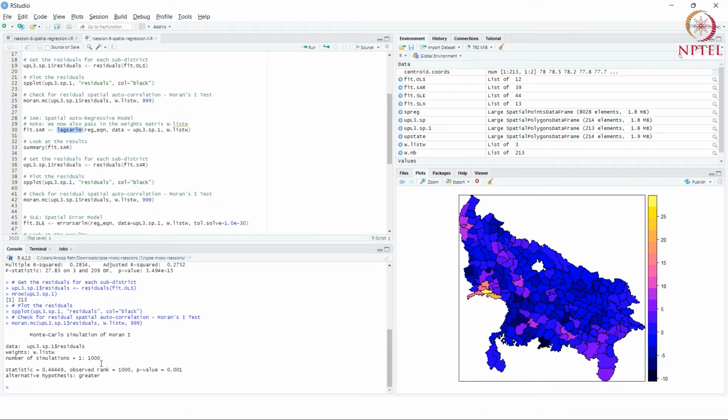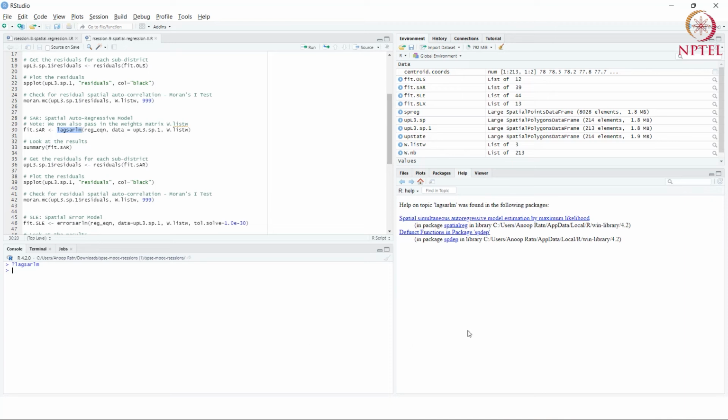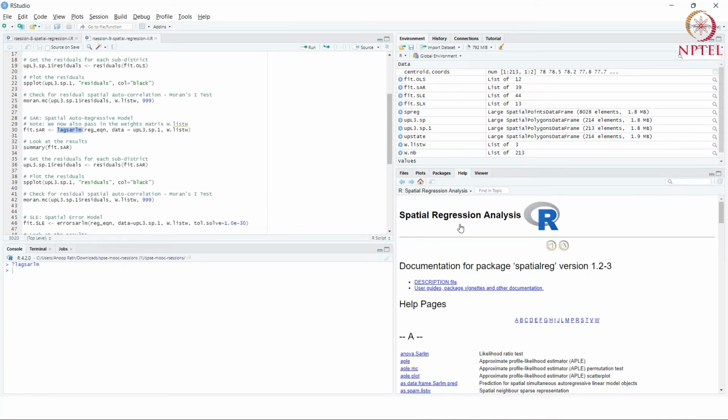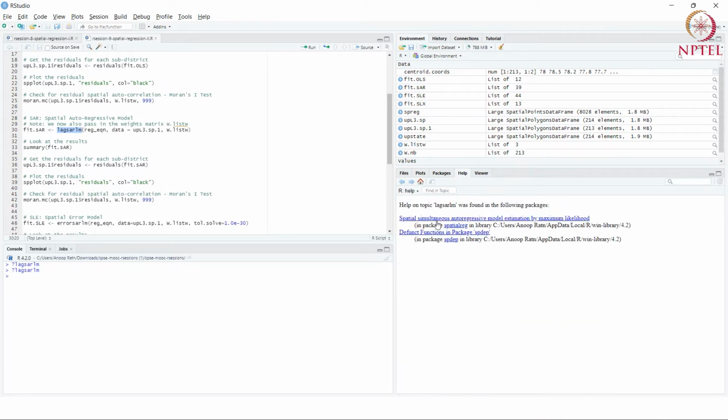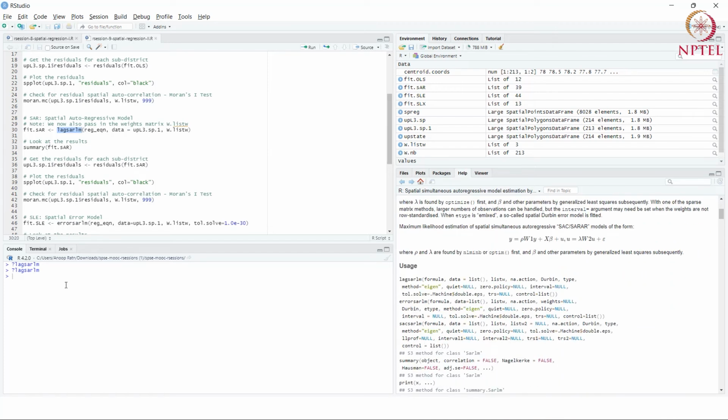This is available in the spatialreg package, so you can look at the help file for this by typing this. You can look at the specification here. It gives you a little explanation and then shows you how to use it.